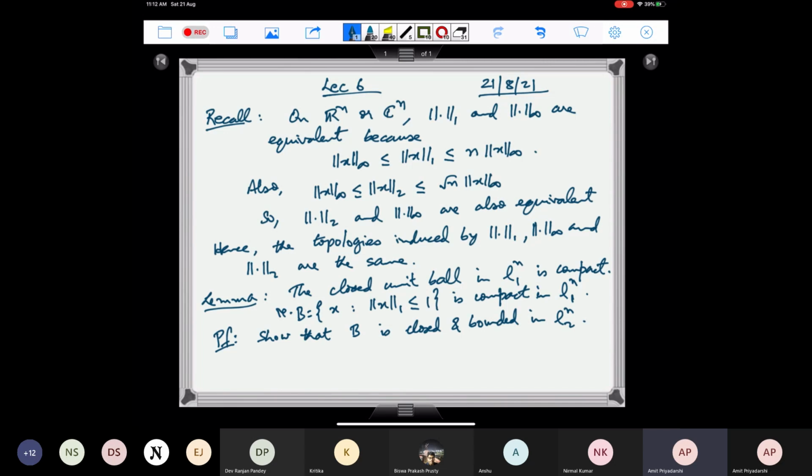Bounded: again, because these norms are equivalent, if it is bounded in one norm, then it will be bounded in the two norm also. So both these things follow from the fact that norm 1 and norm 2 are equivalent.